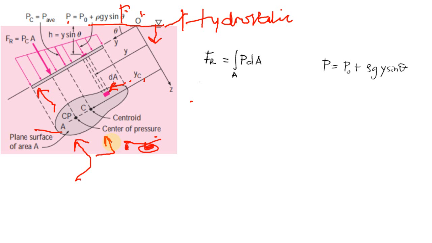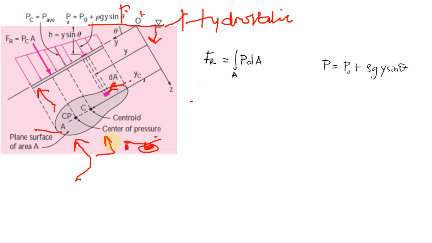So this is what we have: the resultant force is going to be the integration of the pressure over the whole area. We have a differential area dA, and there is a pressure P acting at that point, and if we integrate that pressure over the area, then we have the resultant force.